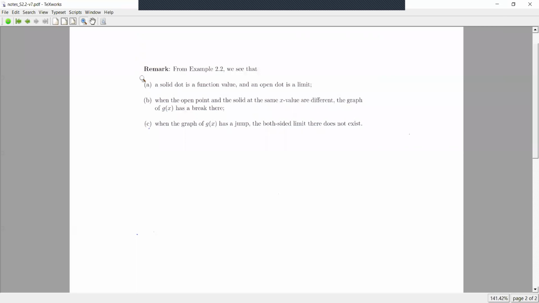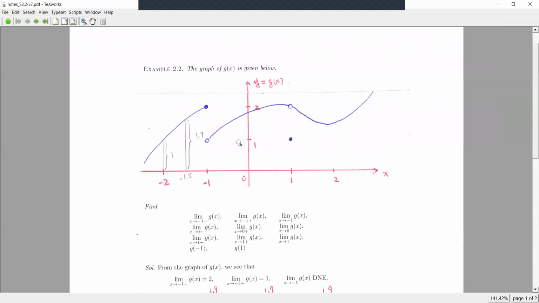Here is a remark about this example. From this example, we can see that a solid point is a function value and an open point is a limit. Go back to the graph of the function. Solid point here. Its height is the function value at 1.